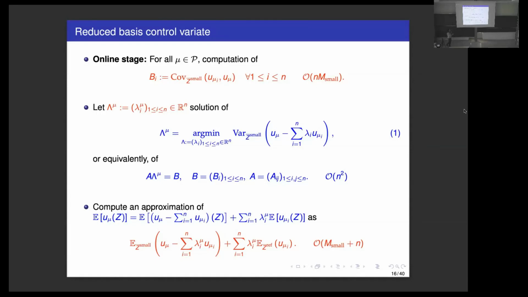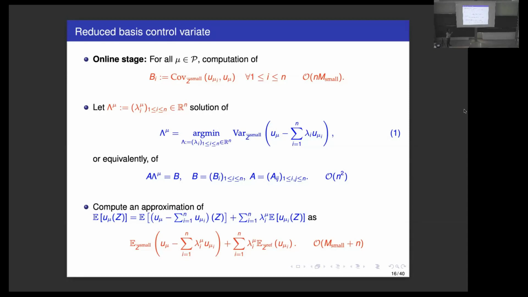Once you've computed all these quantities in the offline stage, then on the online stage, for a new value of the parameter vector mu, you compute the empirical covariance of u mu with respect to each of the u mu I associated to the small-sized random samples. This typically goes like small n times n small.